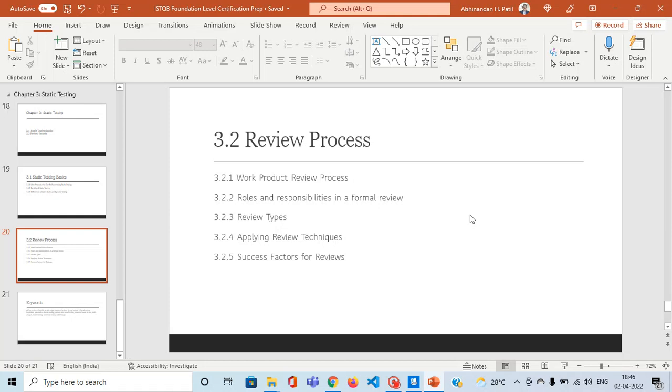Reviewers are generally peers of the authors or experts, and the scribe is mandatory, the role that we were talking about. Everything done during inspection is noted, and metrics are collected.